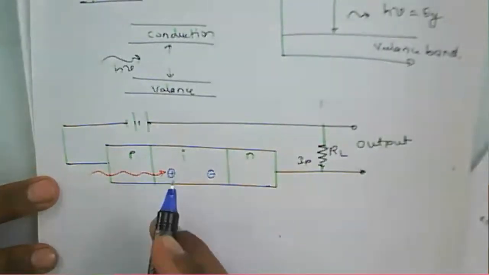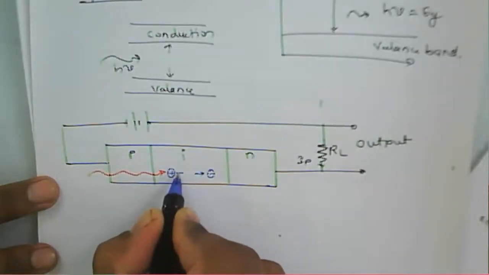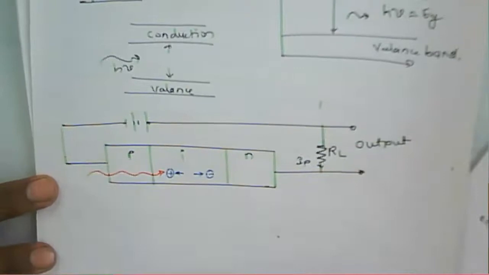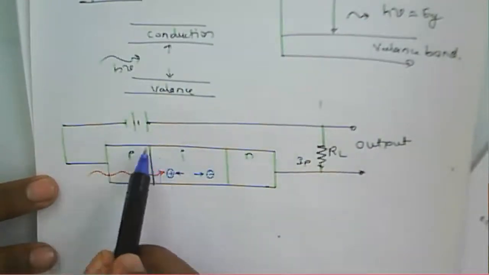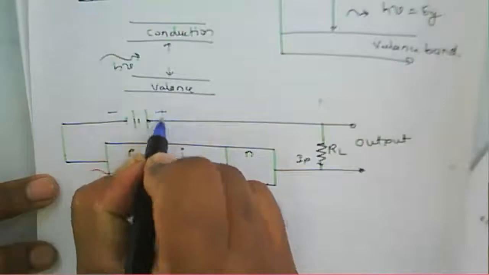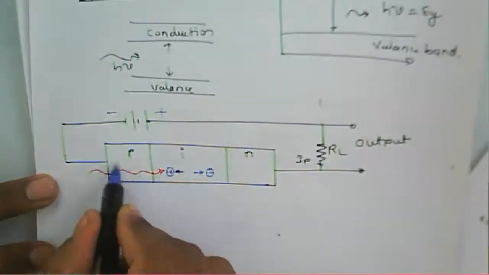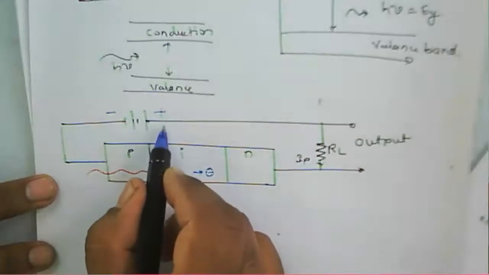Electron will move in this direction, hole will move in this direction, because of the metal contacts. This one is the negative supply and this one is the positive. So holes will be attracted at this contact and electrons will be attracted at this particular contact.